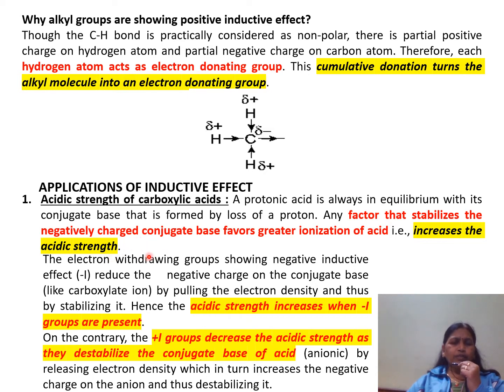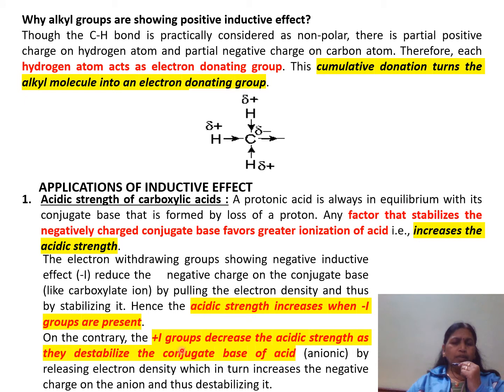And an electron withdrawing group showing the negative inductive effect, minus I effect, what does it do? It reduces the negative charge on the conjugate base, the carboxylate ion, by pulling electron density and thus stabilizing it. Hence, the acidic strength increases when minus I groups are present.